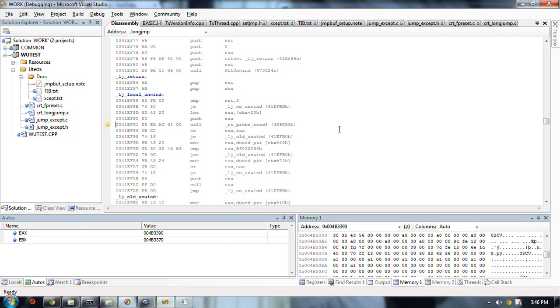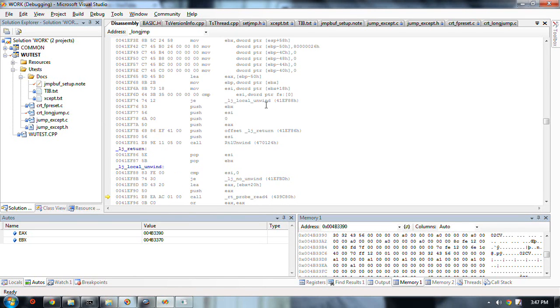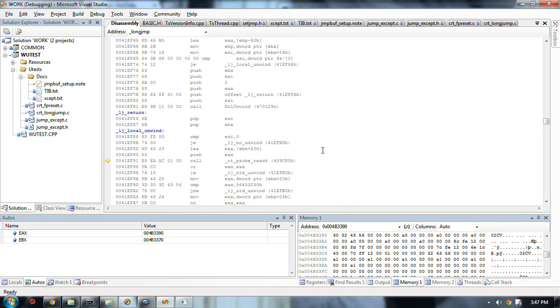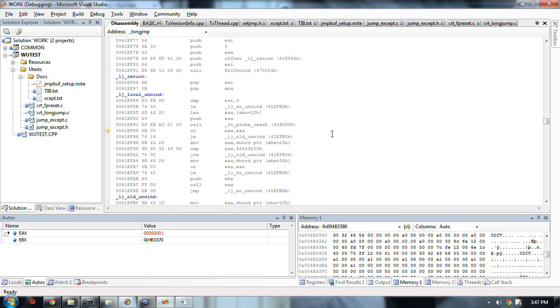Okay. Now we push that onto the stack, and we're checking to see if we can read it. I don't understand why it's being so careful about BX plus 20, whereas prior to this, it's reading BX plus 18 with no worries, but BX plus 20, it's calling this probe. Don't ask me.